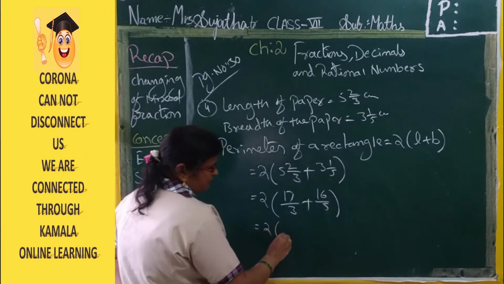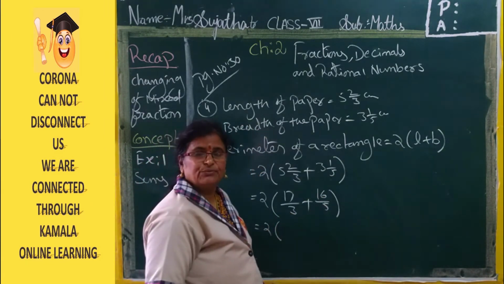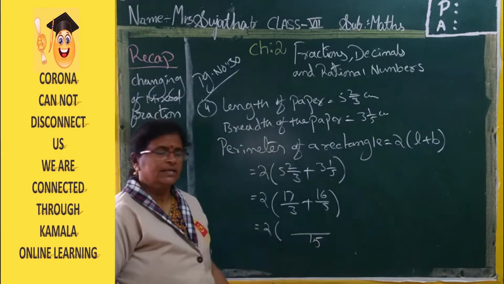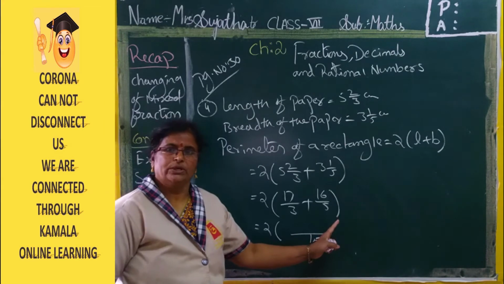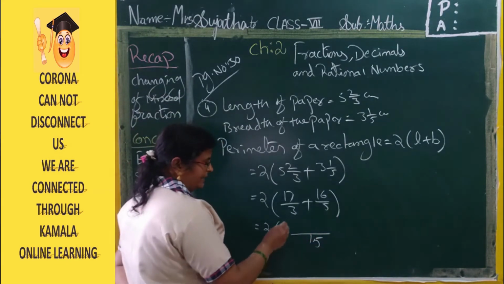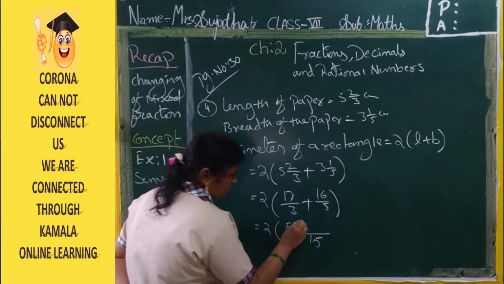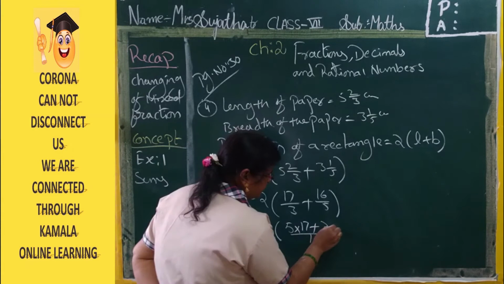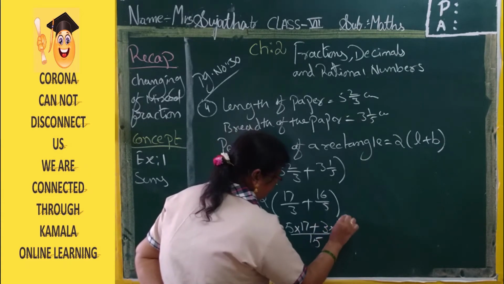Now 5 and 3 are different, so there is no common table. Take the LCM as the product of the two numbers. Now in the 3 table, how many times will 15 come? 5 times. 5 into 17, plus in the 5 table 15 will come 3 times, into 16.